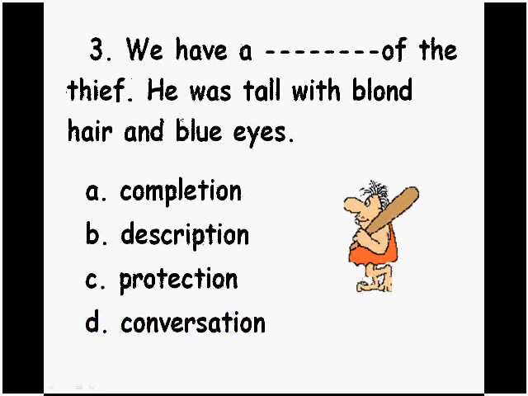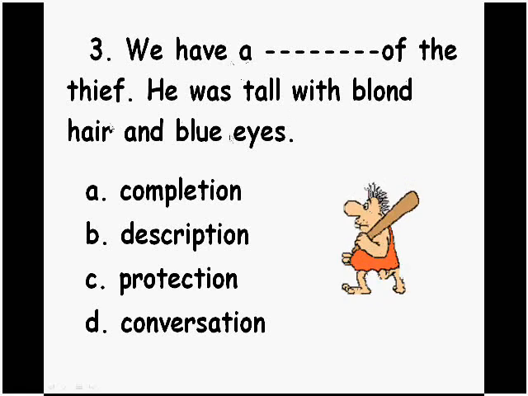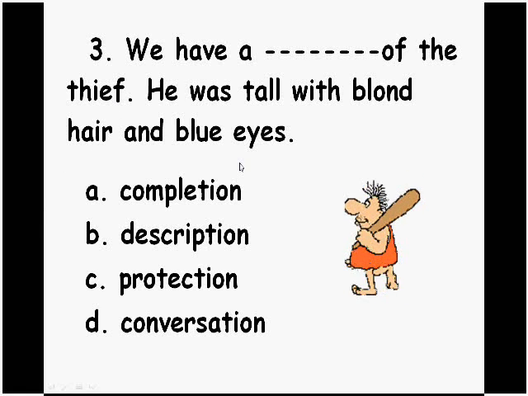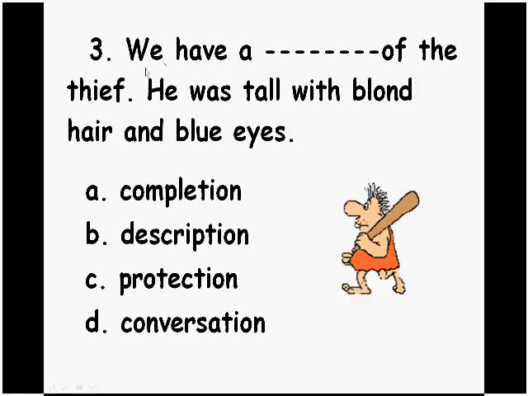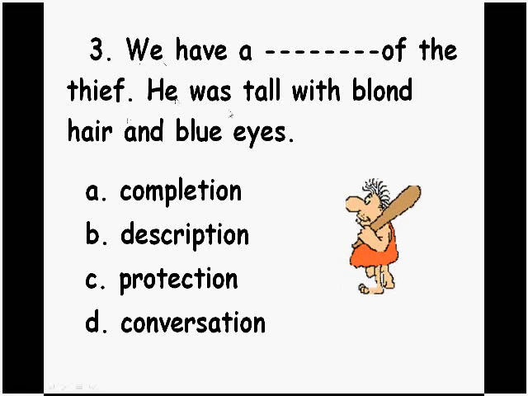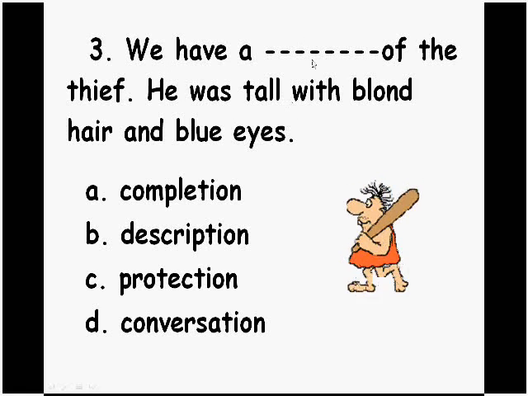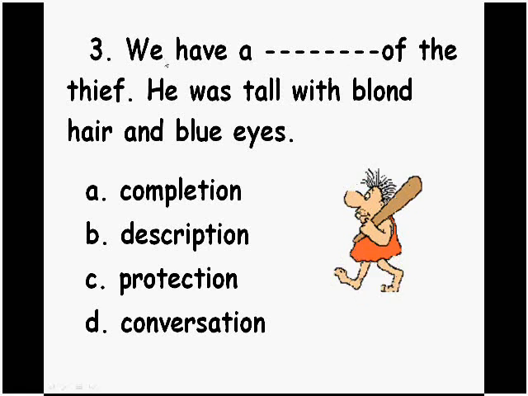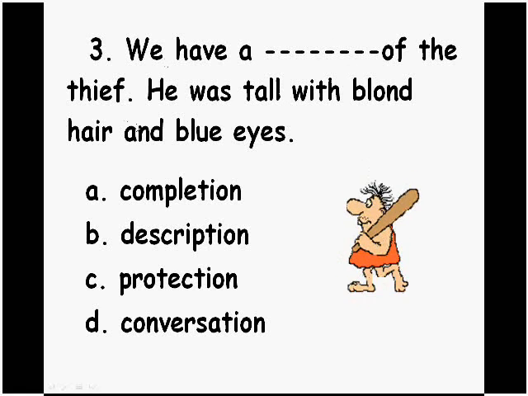Number 3, we have a blank of the thief. He was tall with blonde hair and blue eyes. Remember when we said that sometimes they give more than one sentence to explain what we are talking about. So we have a what of the thief.